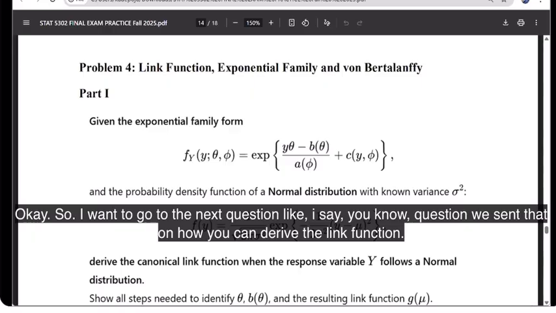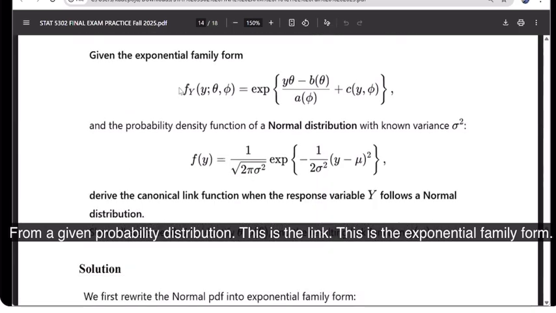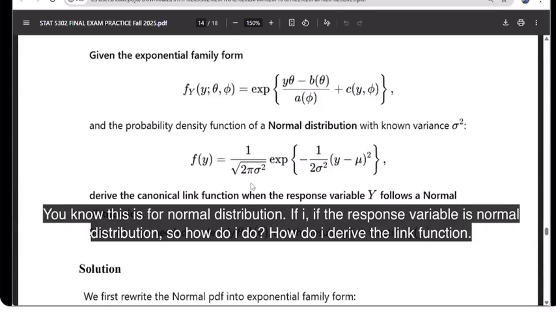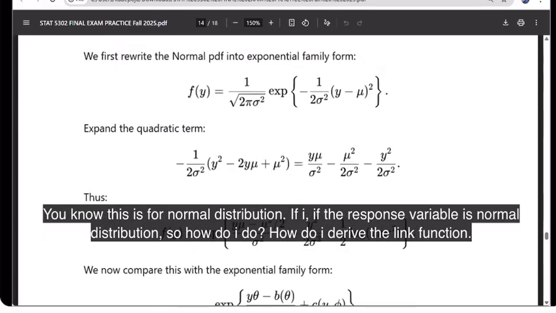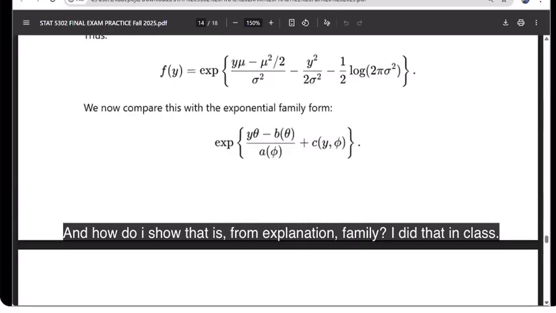Like I said, this question is on how you can derive the link function from a given probability distribution. This is the exponential family form, for the normal distribution. If the response variable is normally distributed, how do I derive the link function, and how do I show that it's from the exponential family? I did that in class.